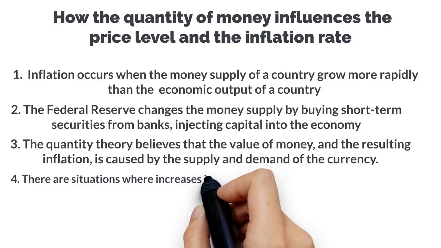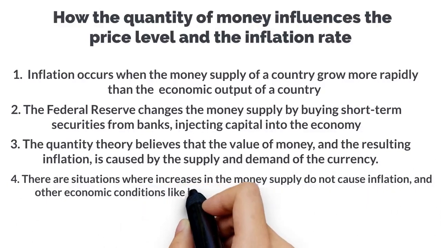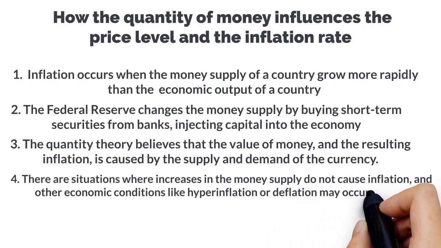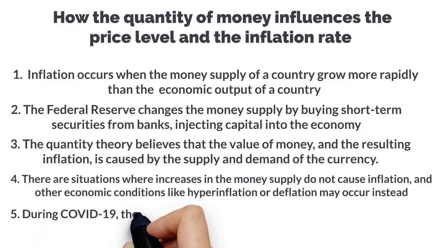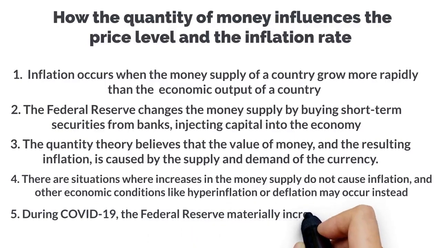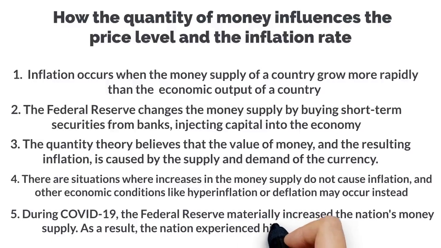There are situations where increases in the money supply do not cause inflation, and other economic conditions like hyperinflation or deflation may occur instead. 5. During COVID-19, the Federal Reserve materially increased the nation's money supply. As a result, the nation experienced higher than usual inflation.